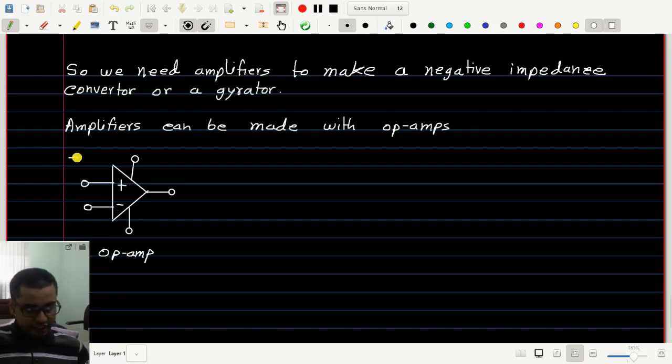These two are inputs, and it has one output terminal. This itself is an integrated IC, and therefore to work, an op-amp requires power supply, and that power supply is to be connected to these two terminals or pins. Here we will connect the positive supply voltage and here the negative supply voltage.